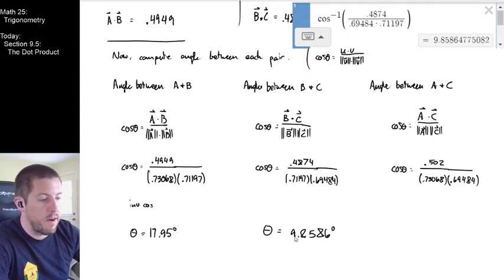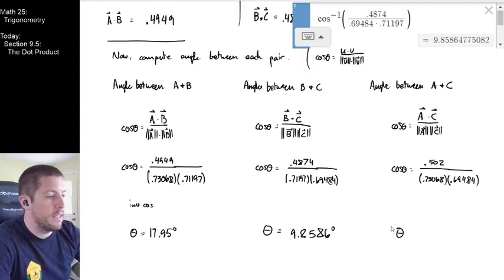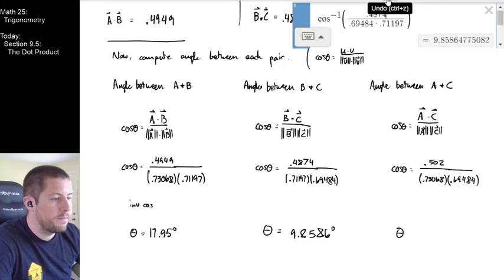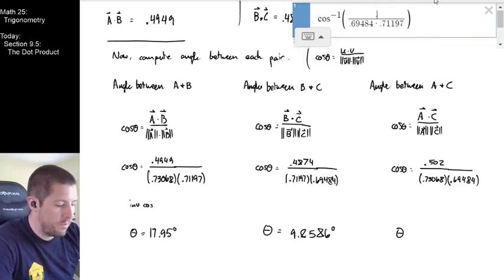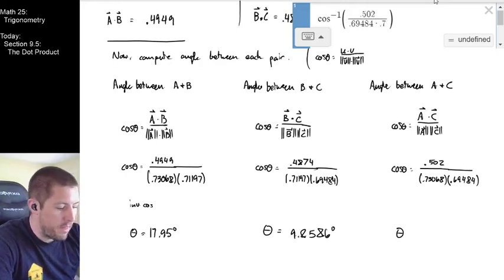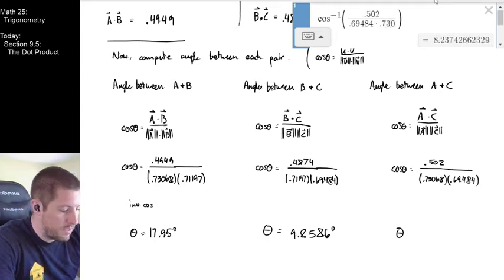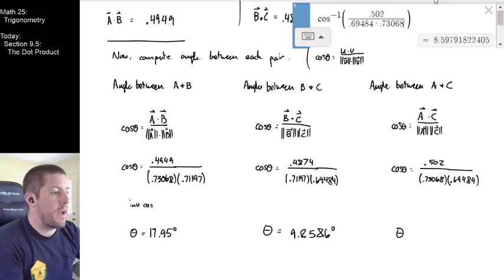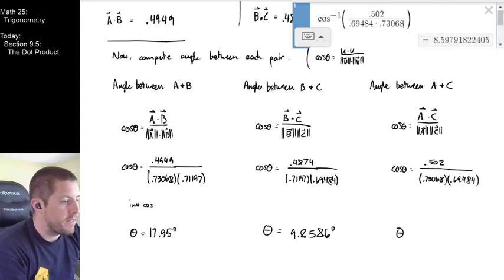Much smaller angle right there. And finally, we can compute the last one over here. Yeah, so for our last one, we'll do 0.502 as our numerator, and as our denominator, we want to keep the 0.69484 and introduce the 0.73068. And I'm getting an even smaller angle of 8.5979.